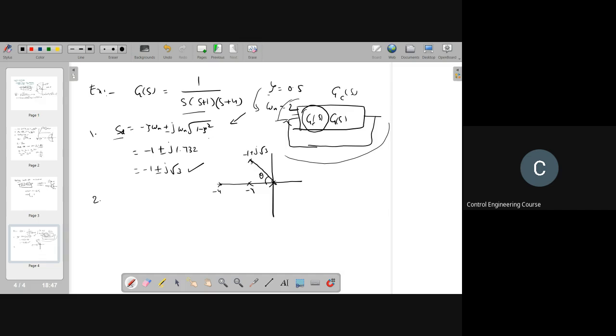Theta. This is P1, P2, P3. The angle contributed by this pole P1 to this desired pole: this distance is 1, right? And this is root 3. So tan inverse.